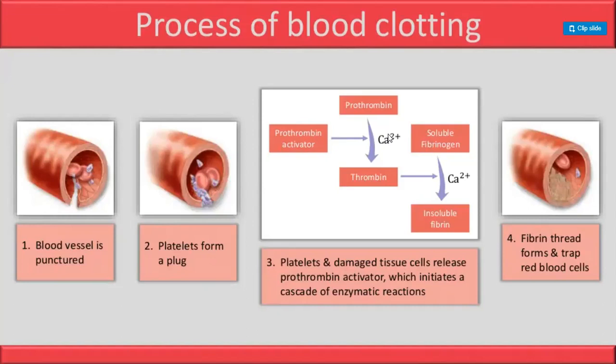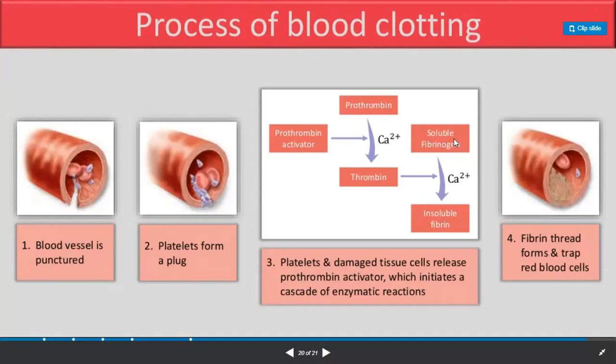So prothrombin activator converts prothrombin to thrombin, and then this thrombin converts soluble fibrinogen into what we call insoluble fibrin, also in the presence of calcium ion. So calcium ion is regarded as the fourth clotting factor, okay? Fibrinogen is regarded as the first clotting factor.